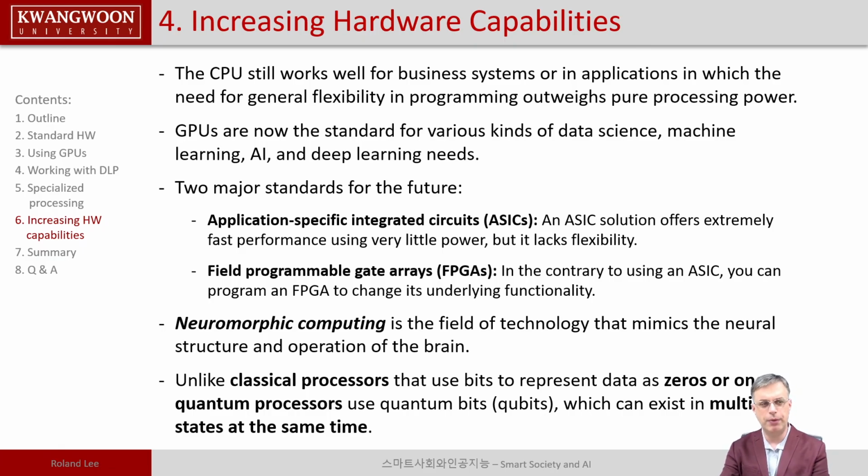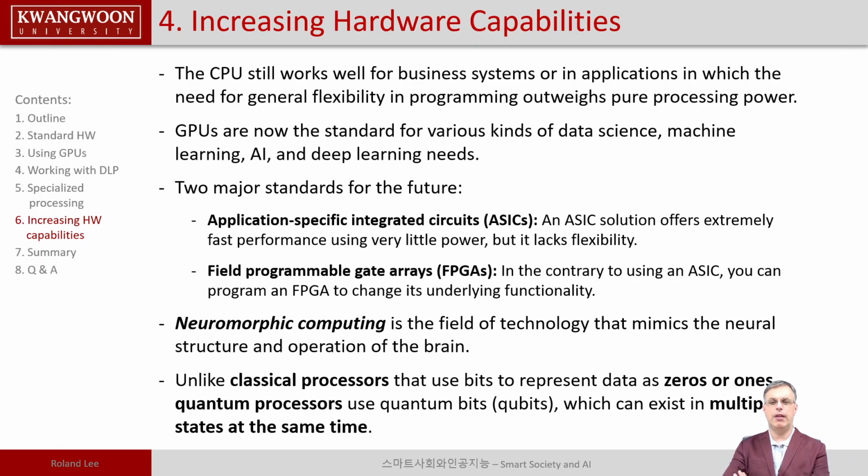Field programmable gate arrays. So FPGA is, as with an ASIC, a vendor generally crafts an FPGA for a specific purpose. However, contrary to using an ASIC, you can program an FPGA to change its underlying functionality.